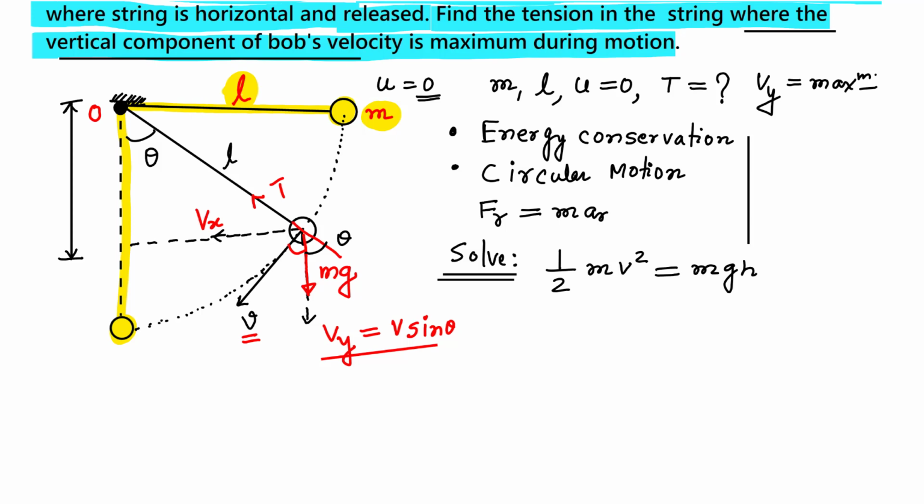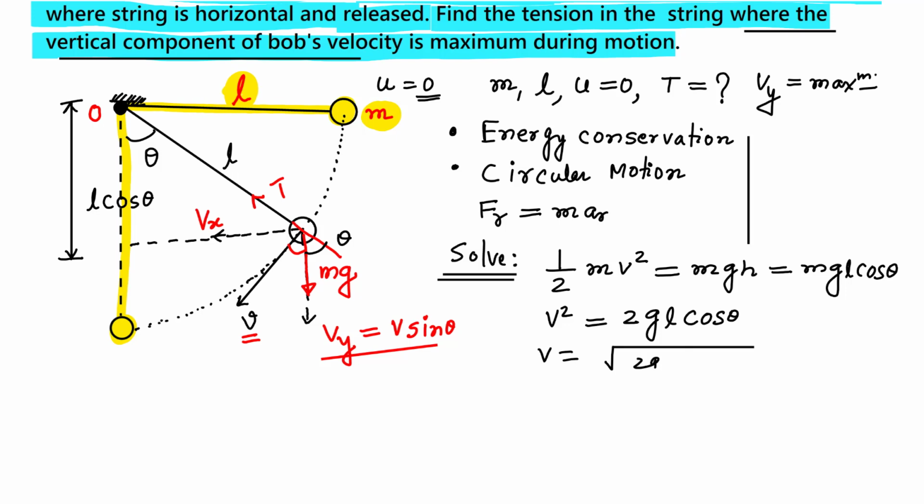Let us say this is L, then this will be L cos theta. So mgh will be simply mgL cos theta. From here I can write v square is equal to, this m gets cancelled out, 2gL cos theta. So V is equal to under root 2gL cos theta.